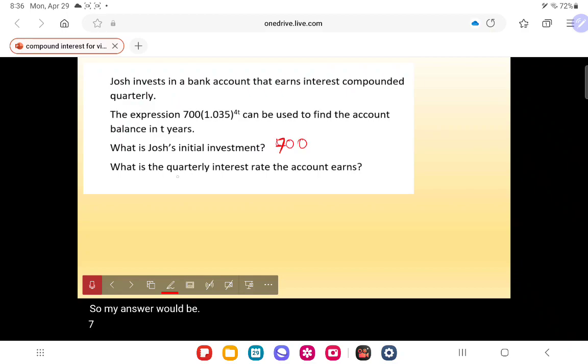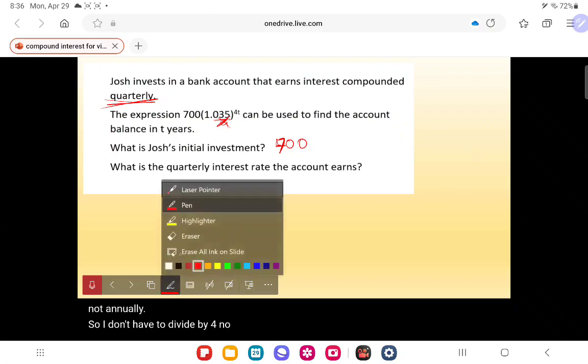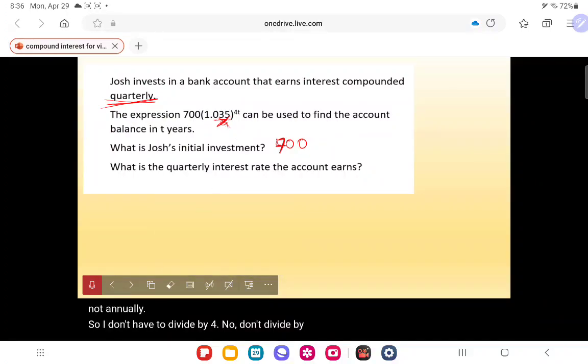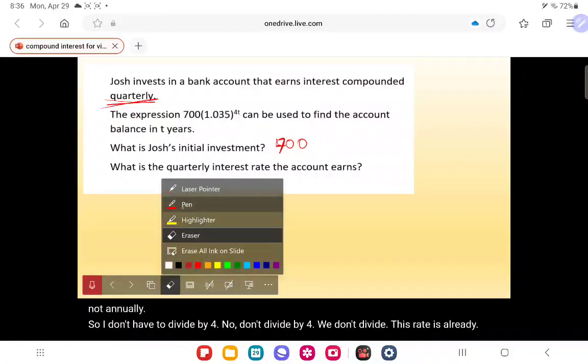So my answer would be 700. What is the quarterly interest? They're telling me that they compound quarterly, not annually, so I don't have to divide by 4. No, don't divide by 4. This rate is already quarterly.